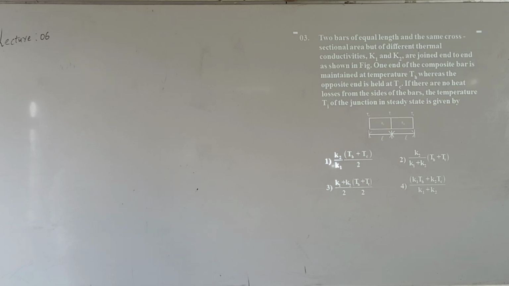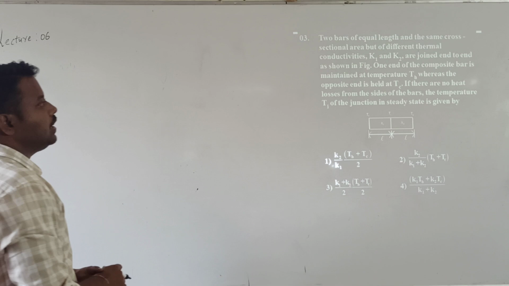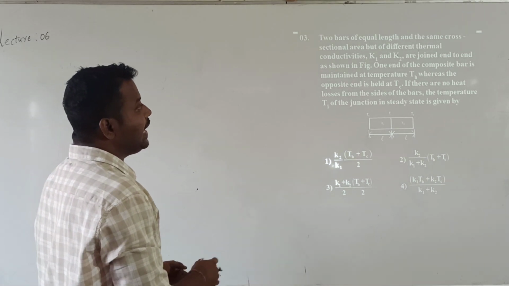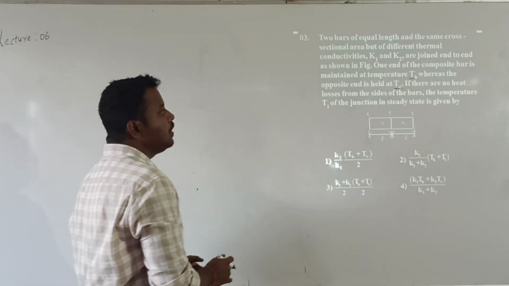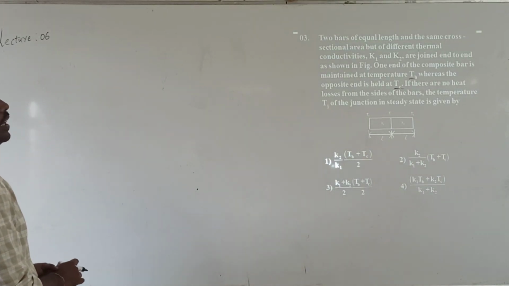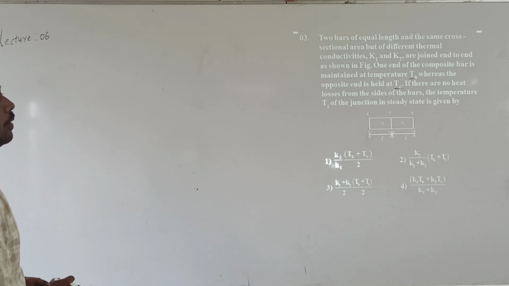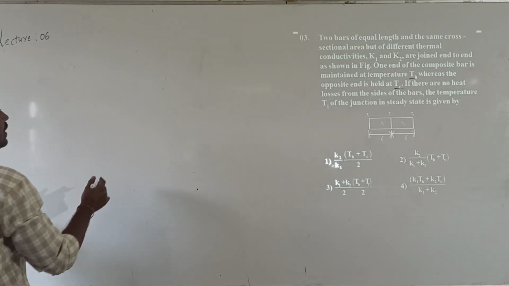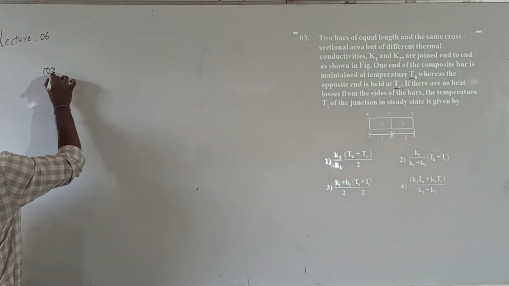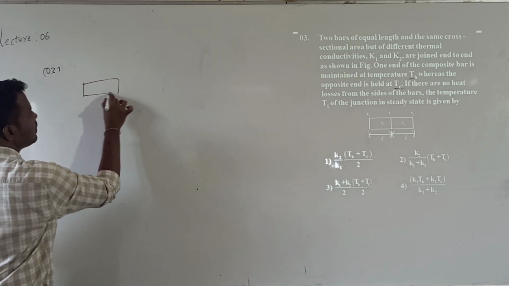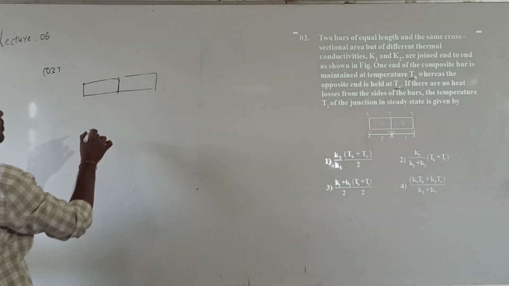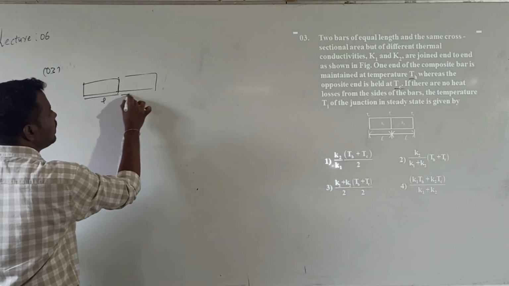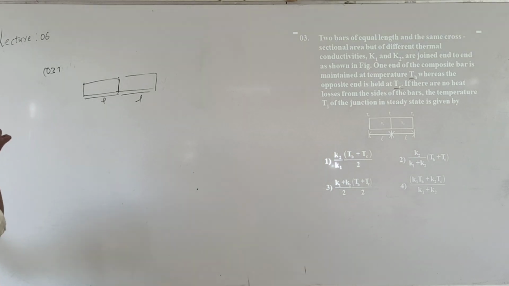One end of the composite bar is maintained at temperature TH, the hot end, and the opposite end is at temperature Tc. If there is no heat loss from the sides of the bar, the temperature Ti of the junction in steady state is given by. Two rods are joined in series. The two rods have length L each. Clear?